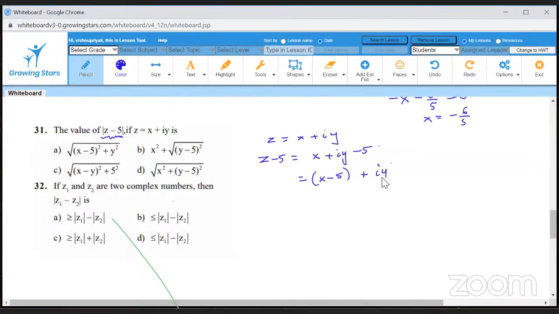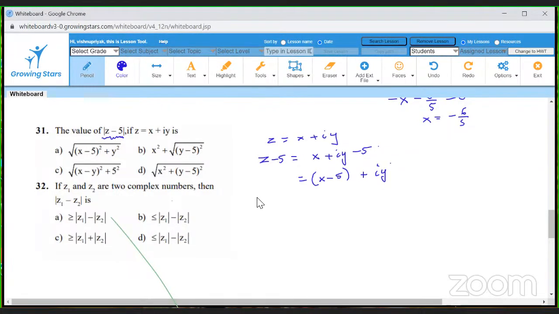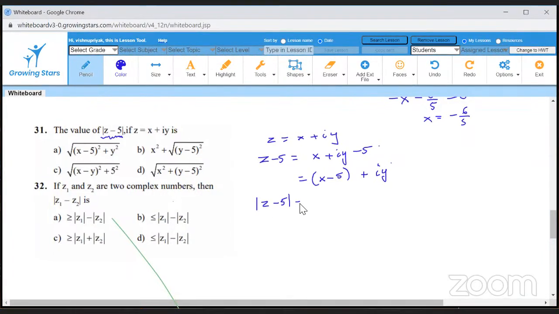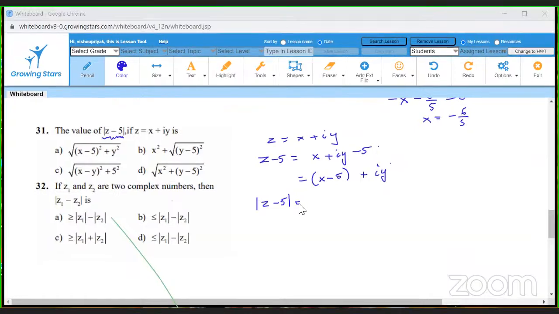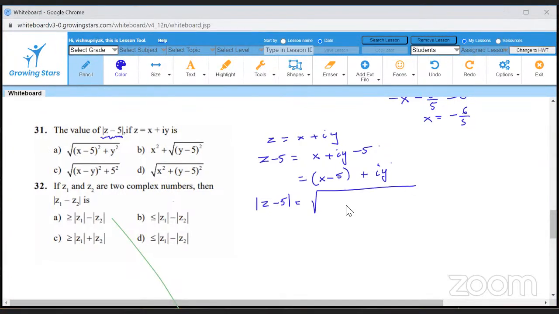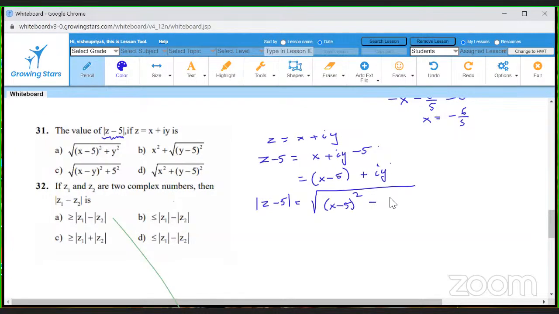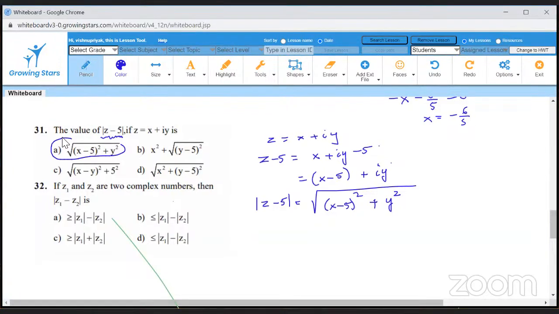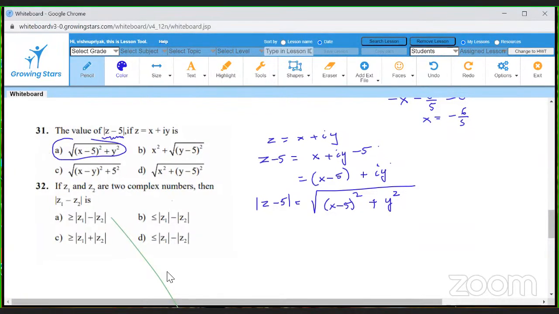Imaginary part is iy. When you take mod of z minus 5, Swati is asking 29th. Okay, I'll do it. Let me do these two. Swati, after that, I'll do 29th. So mod of z minus 5 is square root of x minus 5 whole square plus y square. x minus 5 whole square plus y square is present in option A. So that will be option A.